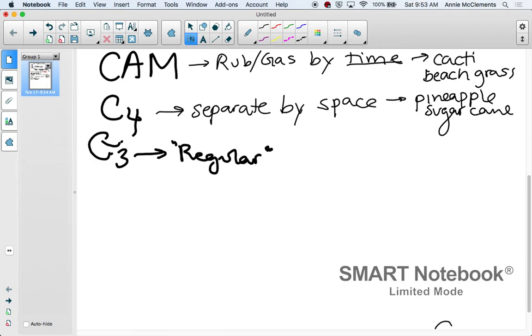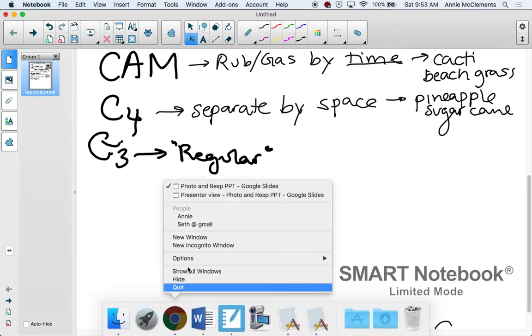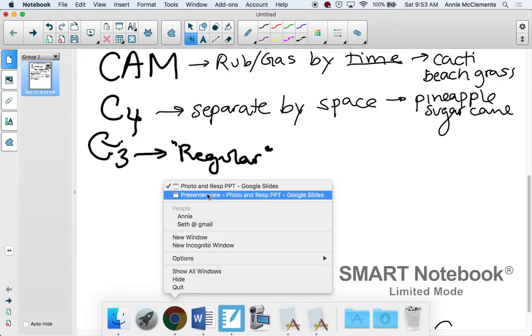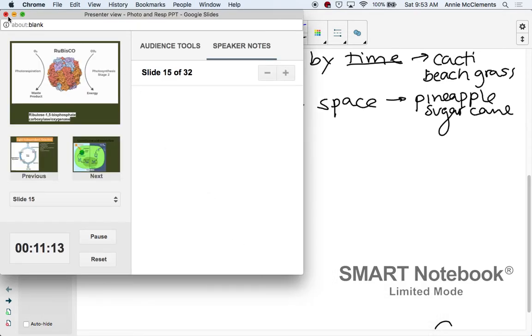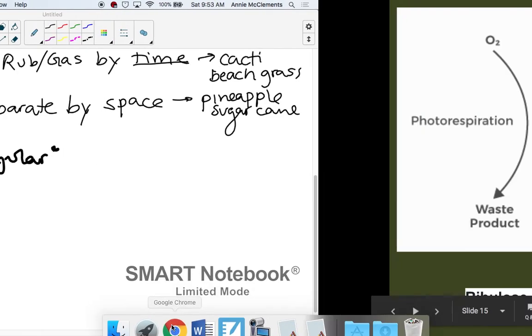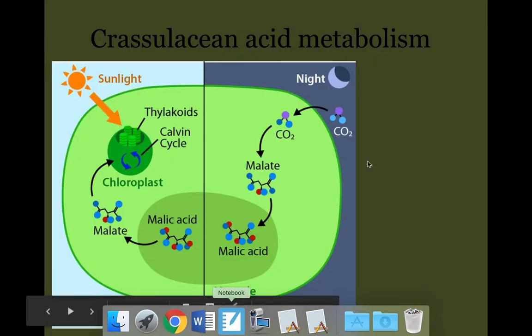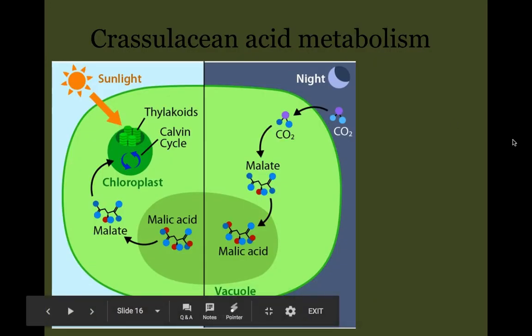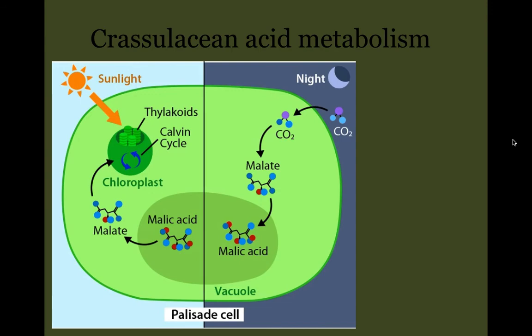Okay. So let's try to wrap our head around how a plant would separate these two processes by time and space. So CAM plants stands for Crassulacean acid metabolism.